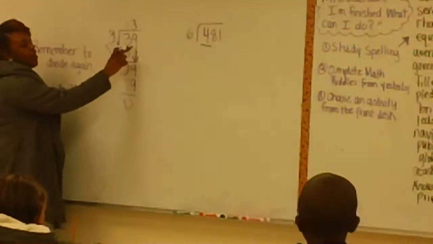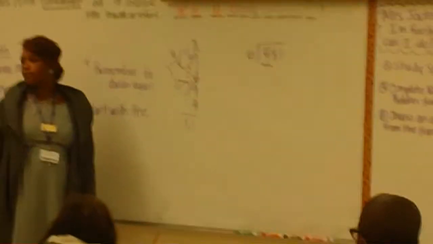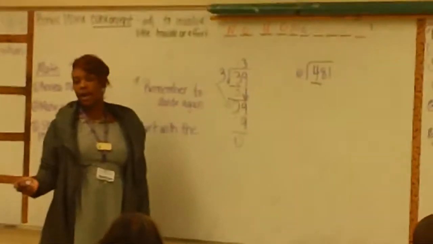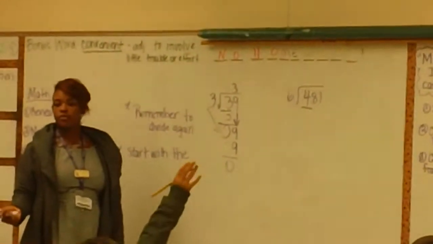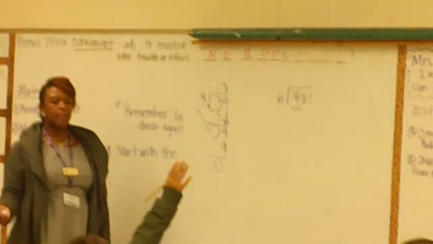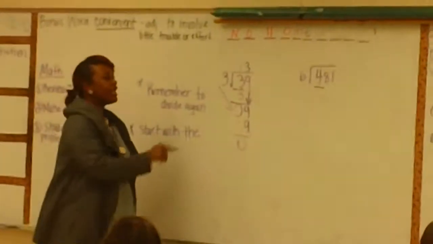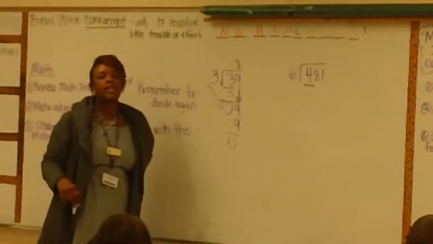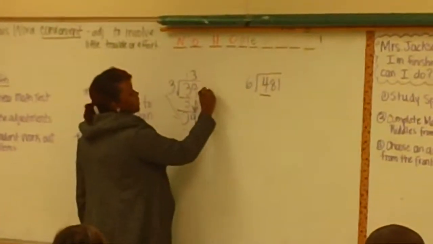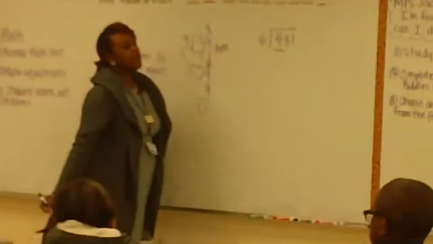What's the highest place value in 39? Michaela, no, what place value is 3 in? The 10s. So 10s is the highest place value. What's the highest place value in 481? Shelby.